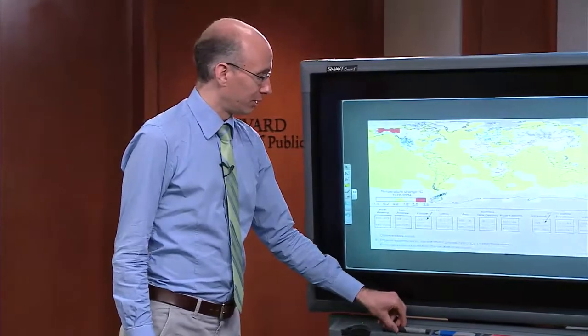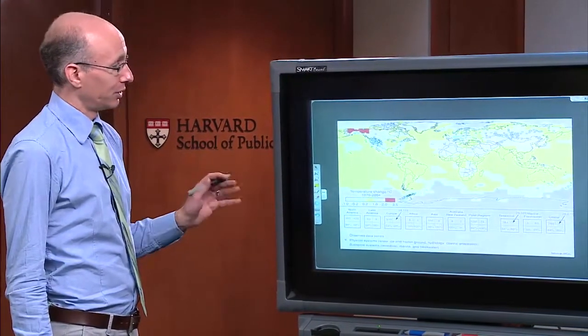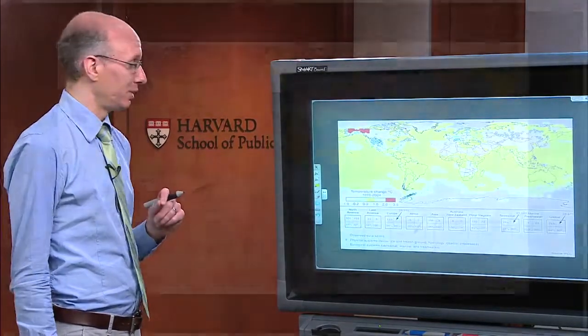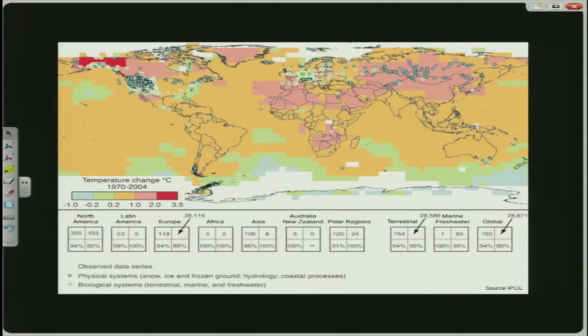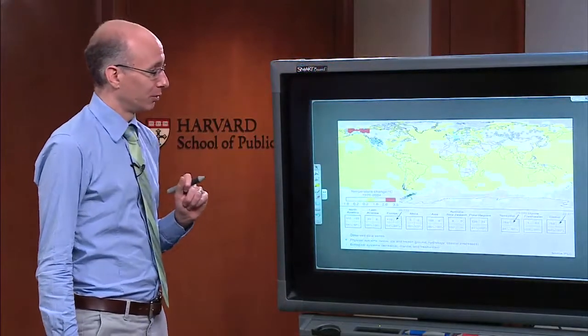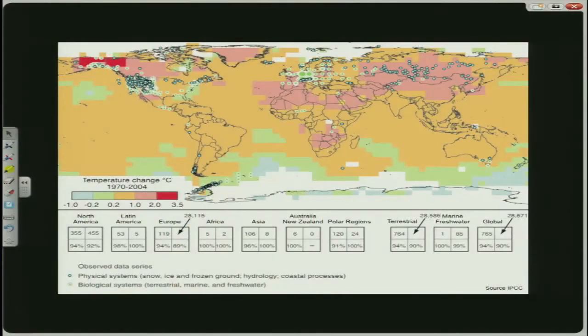So let's have a look at this map, which is a statement of tens of thousands of data points on this very question. This is a summary map from the Intergovernmental Panel on Climate Change, the IPCC. What they've done is they've looked at all the available research that asks the question, are physical and natural systems responding as one would expect given climate change?